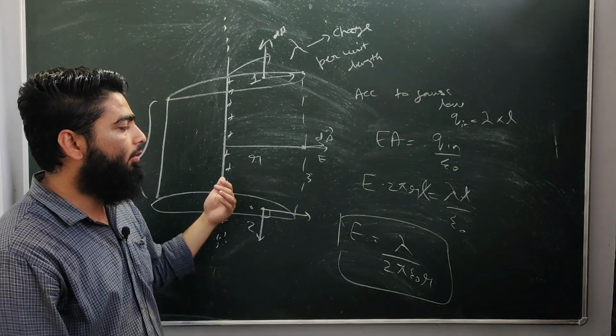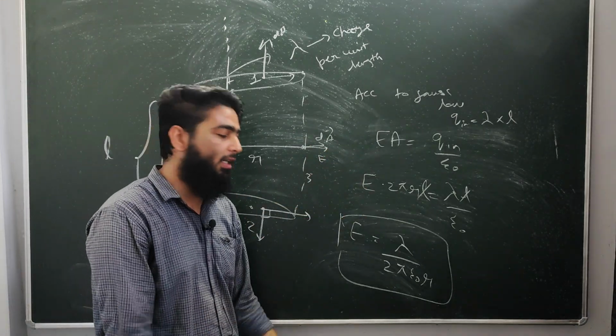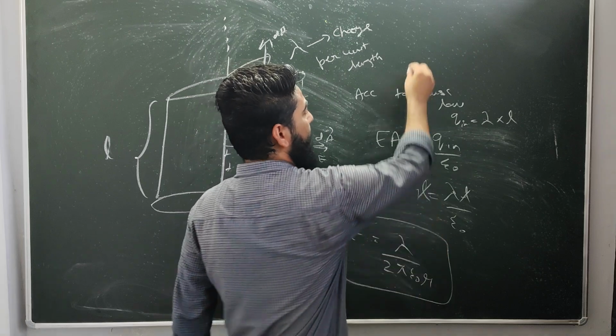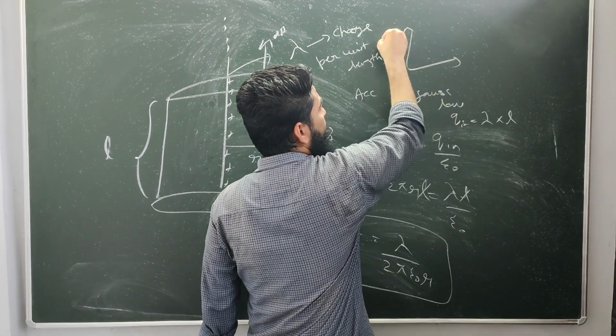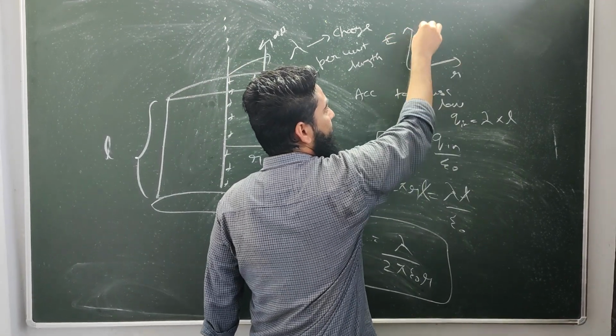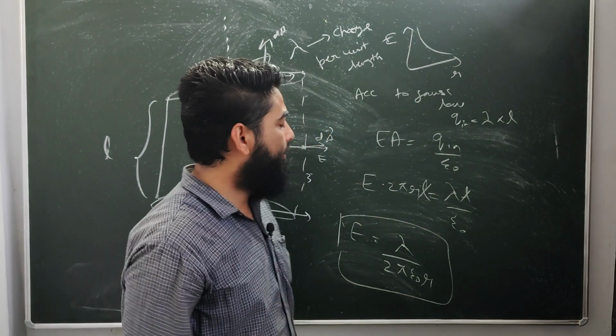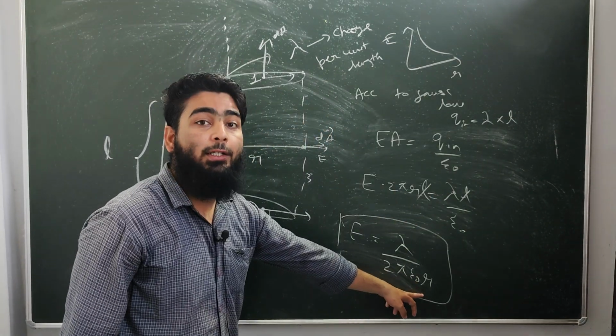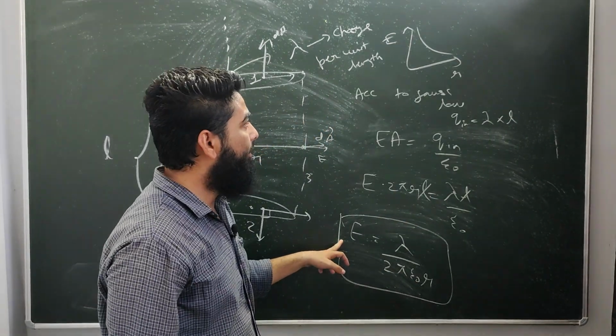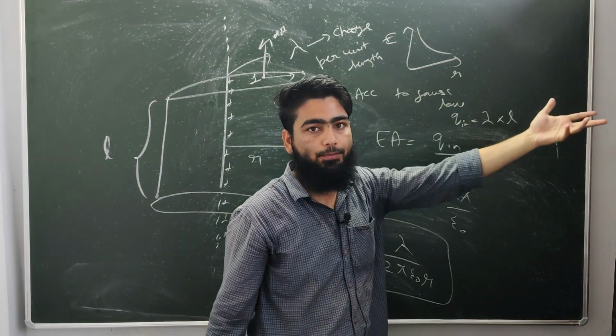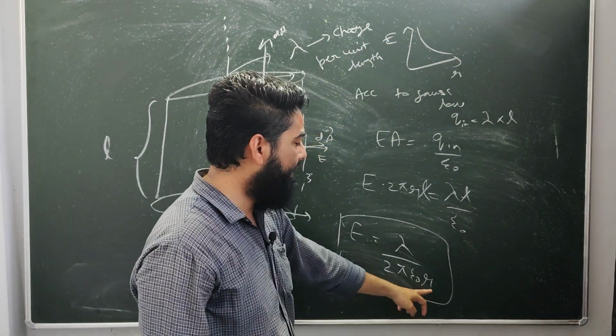If you want to draw the graph of E versus R, you can draw it easily. E is inversely proportional to R, so it will be a rectangular hyperbola. If R tends to infinity, the electric field will touch the R axis, so it will be 0. And the maximum electric field will be at R equals 0.